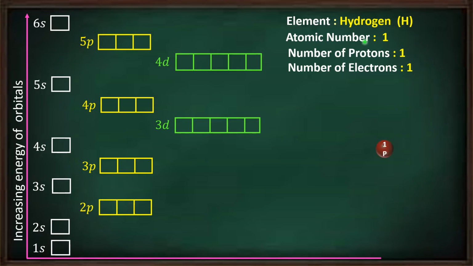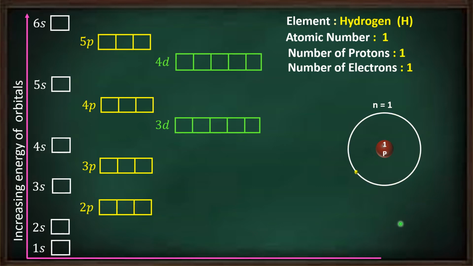So the nucleus of hydrogen has 1 proton and 1 electron is revolving around this nucleus, and we have to fill this electron into these orbitals. So I have arranged all these orbitals in their increasing energy order.